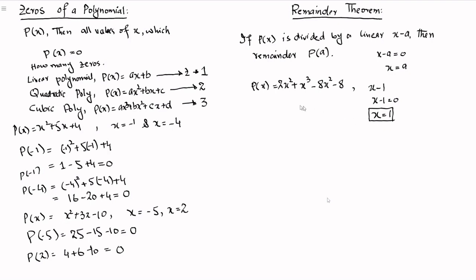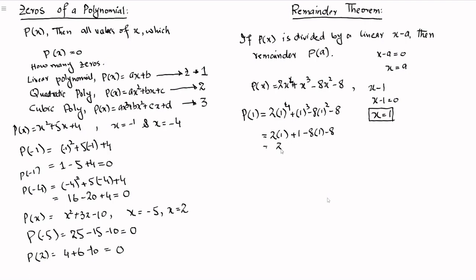Now we will insert the value of x in that polynomial. So insert x is equal to 1. We have 2 into 1 raised to the power 4 plus 1 cube minus 8 into 1 square minus 8. 2 into 1 raised to the power 4 is 2, 1 raised to the power 3 is 1, 1 squared is 1 and minus 8.